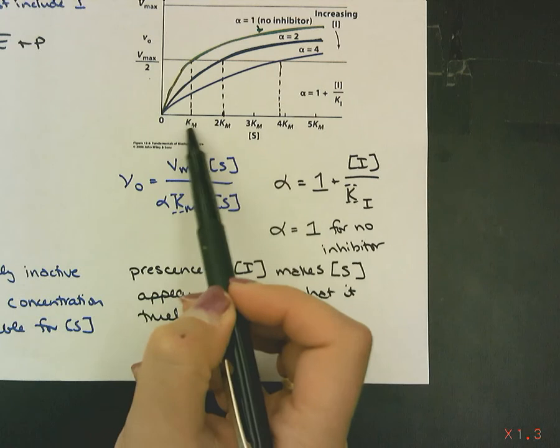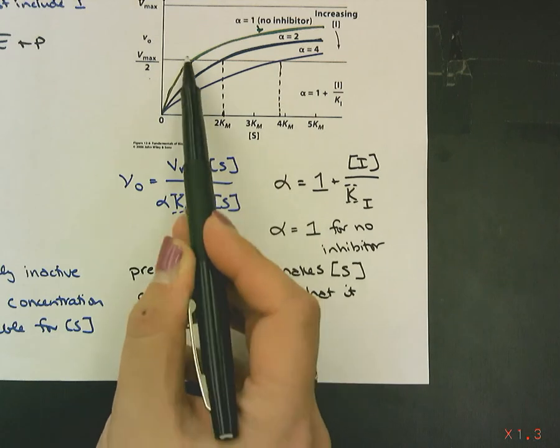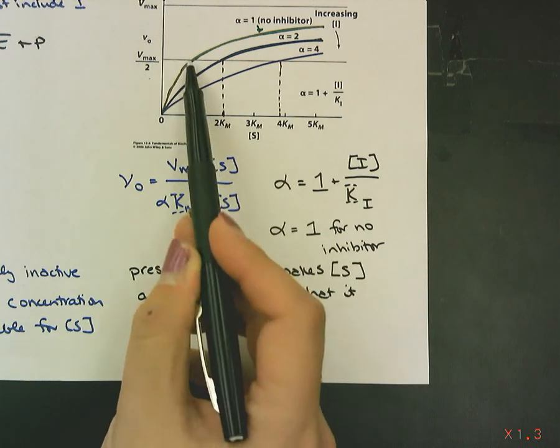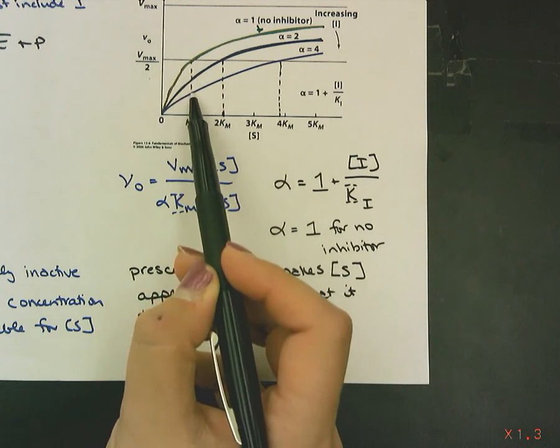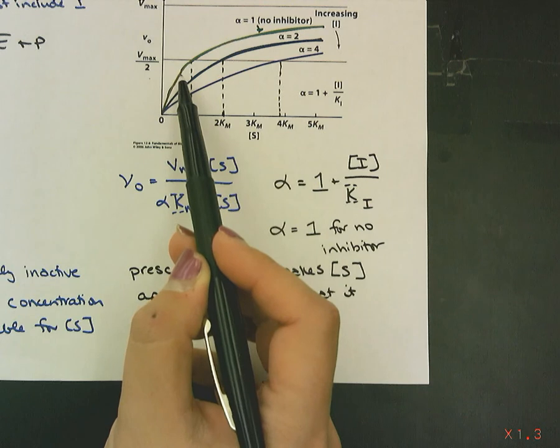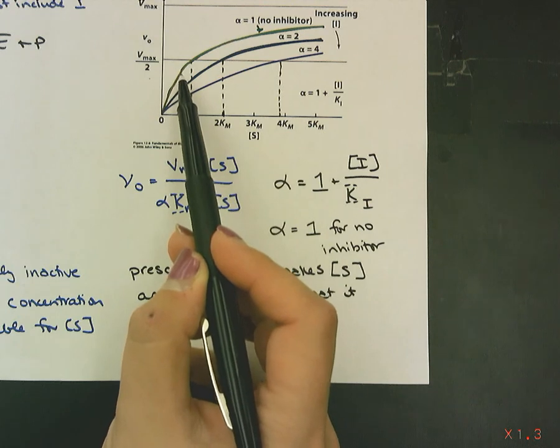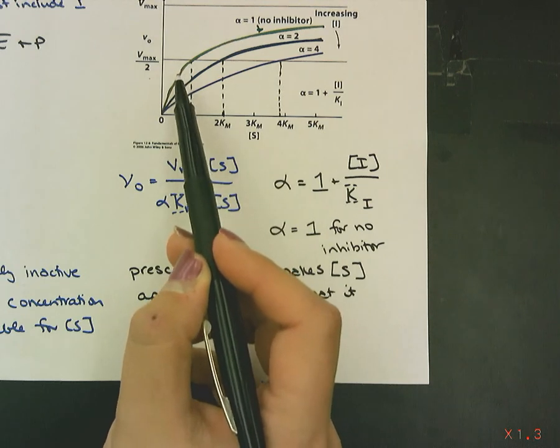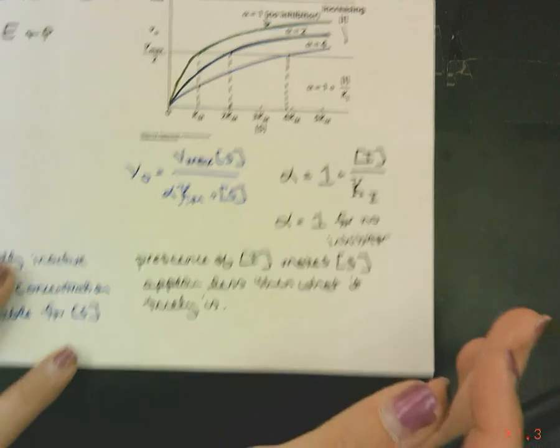So if I look at the same concentration of substrate for three different examples, no inhibitor, inhibitor, lots of inhibitor, it makes it appear like there's actually less substrate in there because it's reacting much slower than what you would expect with that amount of substrate. Okay?